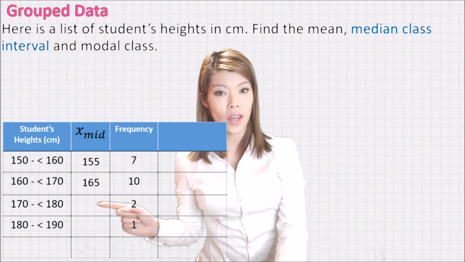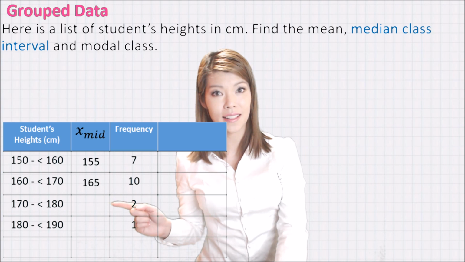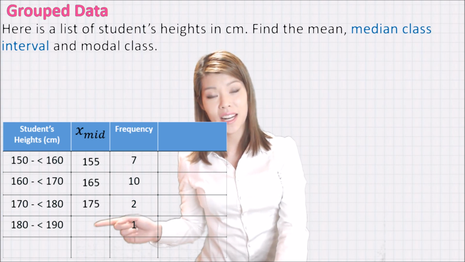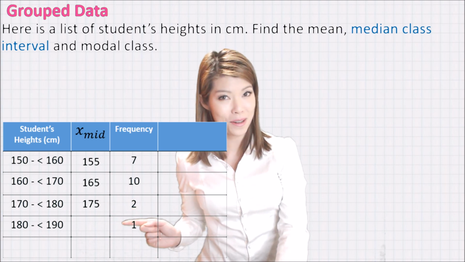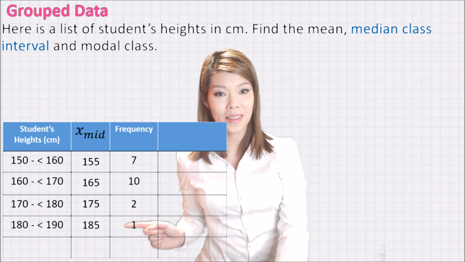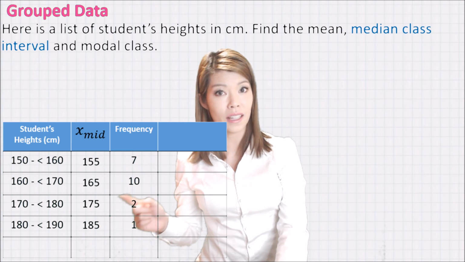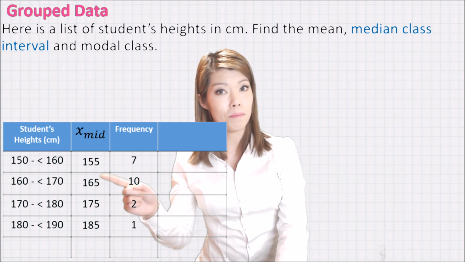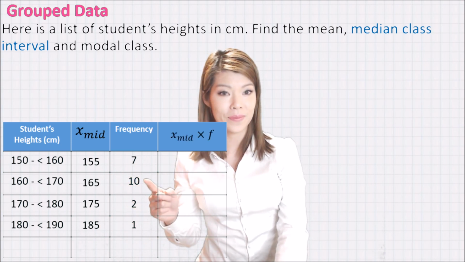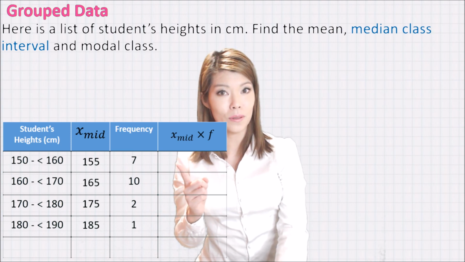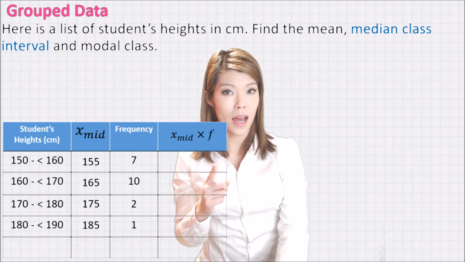And so forth. 170 plus 180 divided by 2, 175. And the next one, 180 plus 190 divided by 2, 185. Now that we have a value for each of the class intervals, we can multiply this middle by the frequency. And we represent it by x middle, or value middle, times frequency.